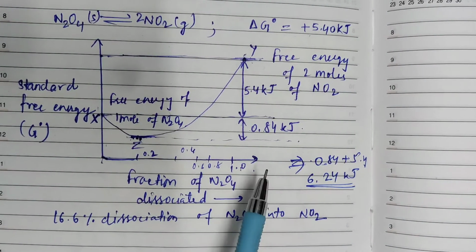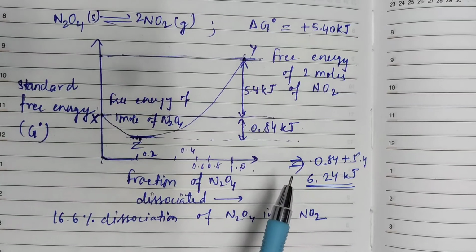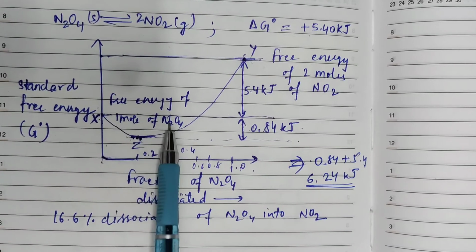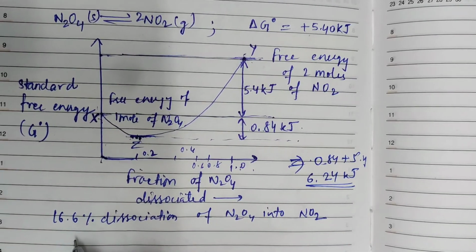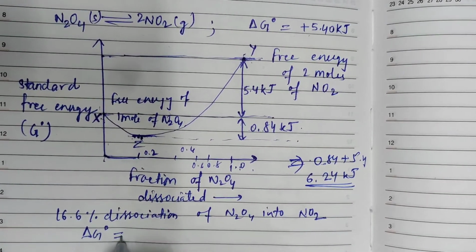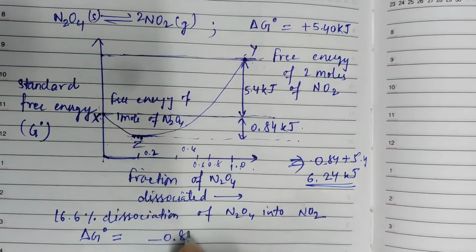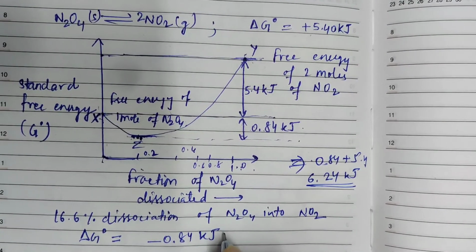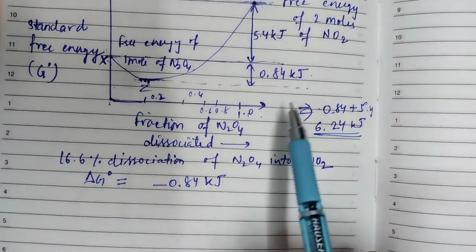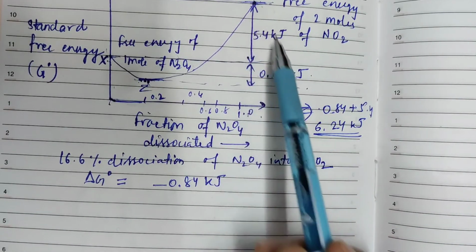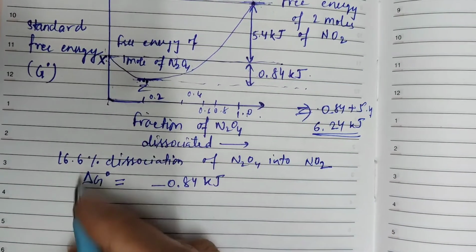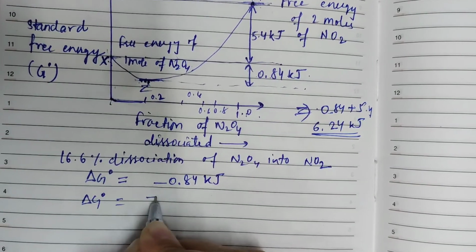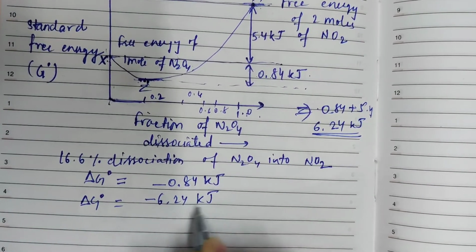Or in other words, when 1 mole of your N2O4 is converted into NO2, the change in free energy, delta G naught, will be equal to minus 0.84 kilojoule. And similarly, if you consider the conversion of 2 moles of NO2 into N2O4, the change in free energy will be minus 6.24 kilojoule.